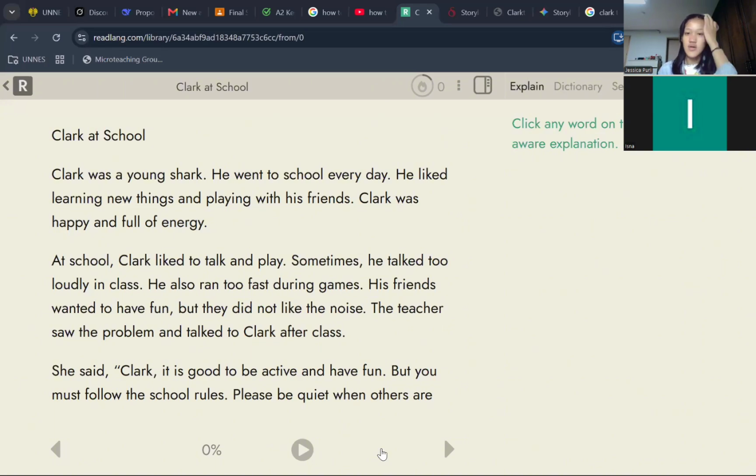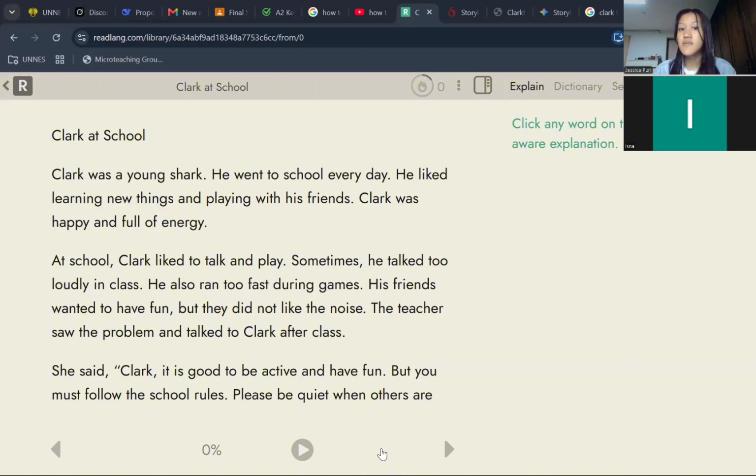Yes, Miss. Okay, first you will read by yourself about Clark at the School. This is my summary about Clark the Shark. So this is not the original story from Clark the Shark. So I give the title Clark at the School. So you read by yourself carefully. And then if you find difficult words or new vocabulary that you had, you can click on them and then see the meaning.